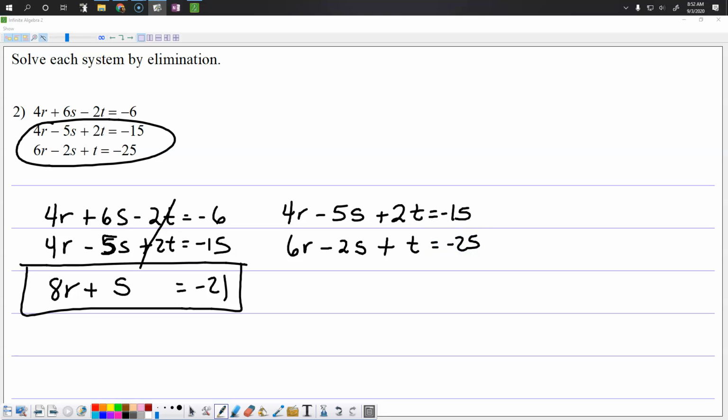All right, so in this case, I have to cancel out the t's. I don't have a choice. And the t's are not opposites already, so that makes things a little bit more work for me. So I'm going to have to multiply the top by 1 and the bottom by 2. So let's go ahead and do that, distribute.